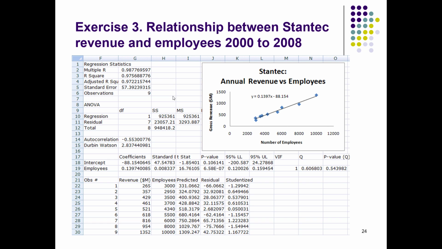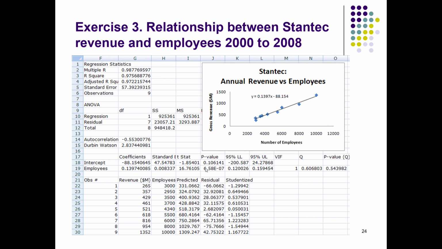So we have a simple linear regression, and our R squared is very, very high, right? 97.5, let's call it 97.5% of the variation in annual revenue is explained by this model. The model is significant, and you're going, oh crap, but the graph's in the way. How do you know?